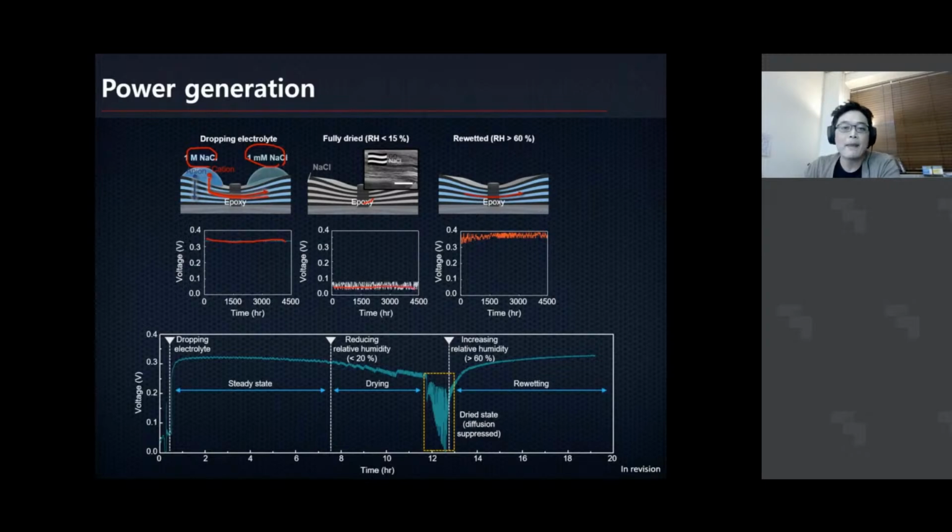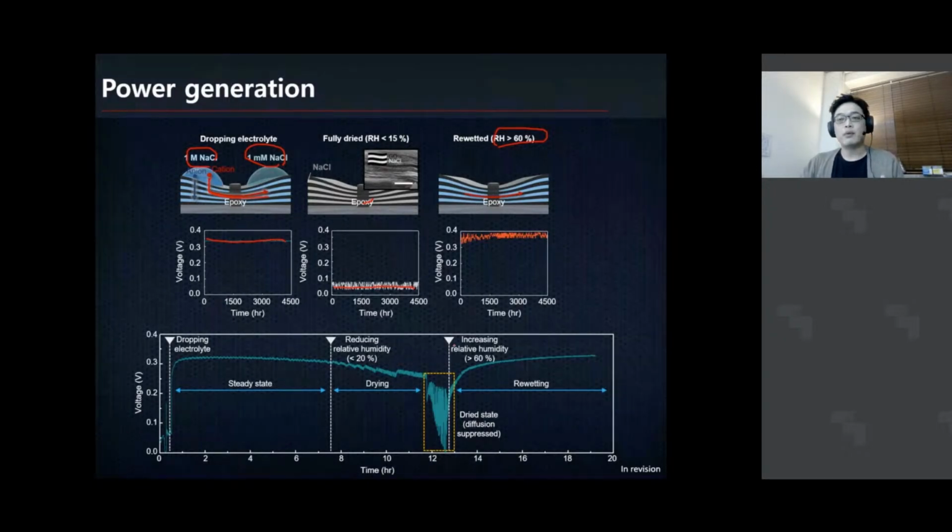Everything is stopped. And then instead of pouring water into the device, you only increase the relative humidity, like above 60%. So water will be nuclei and it grows between the layers. Now it starts to move sodium ion.